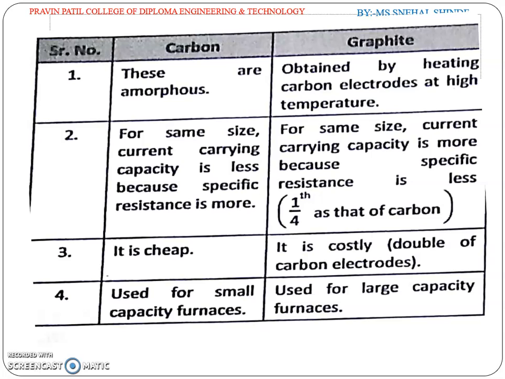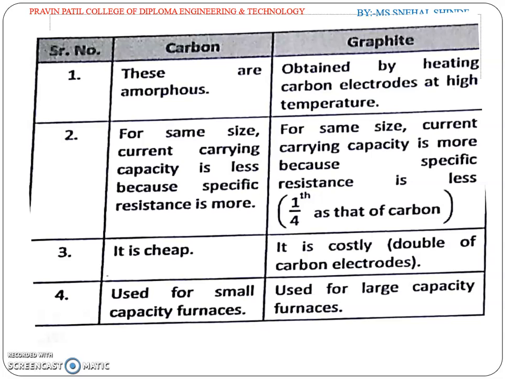The other point is that carbon is used for small capacity furnaces, whereas graphite is used for large capacity furnaces. So basically graphite has advantages over carbon, as we have seen in the previous slide, and therefore it has much greater qualities as compared to carbon.